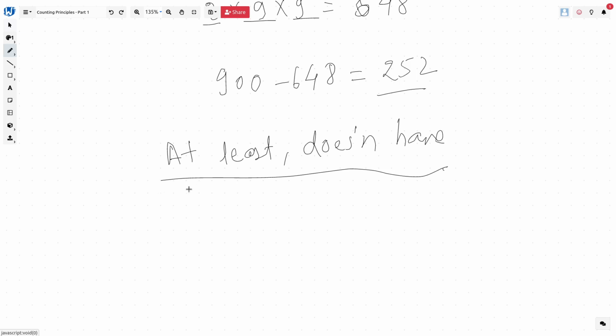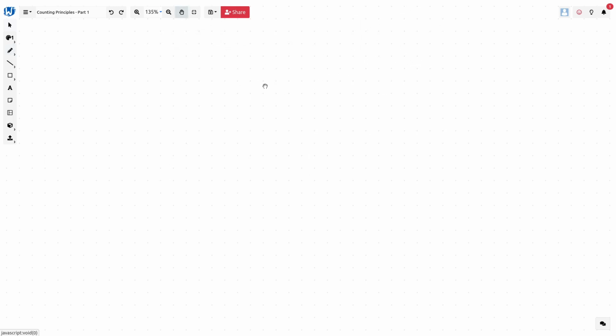If these keywords are there, you need to count the total number of ways, and then subtract the ways you don't want. So these are the three parts of the counting principles. Now let's look at various problems, and let's revise the thing here.